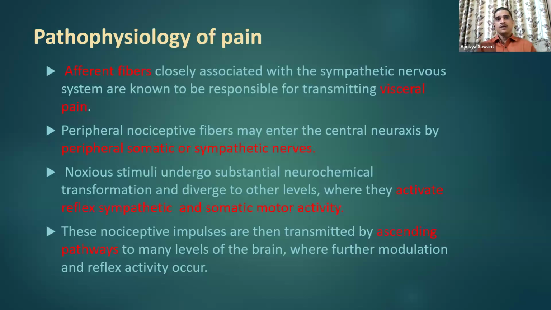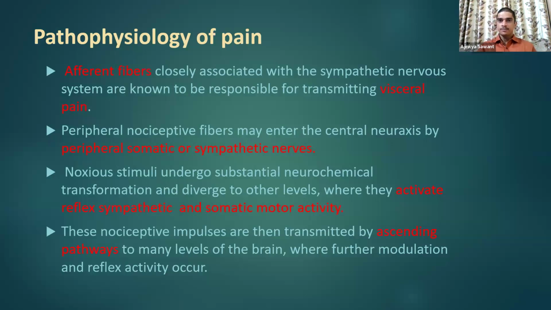Afferent fibers closely associated with the sympathetic nervous system are known to be responsible for transmitting visceral pain. So, basically, there is an upregulation of the sympathetic nervous system, and that transmits the visceral pain.